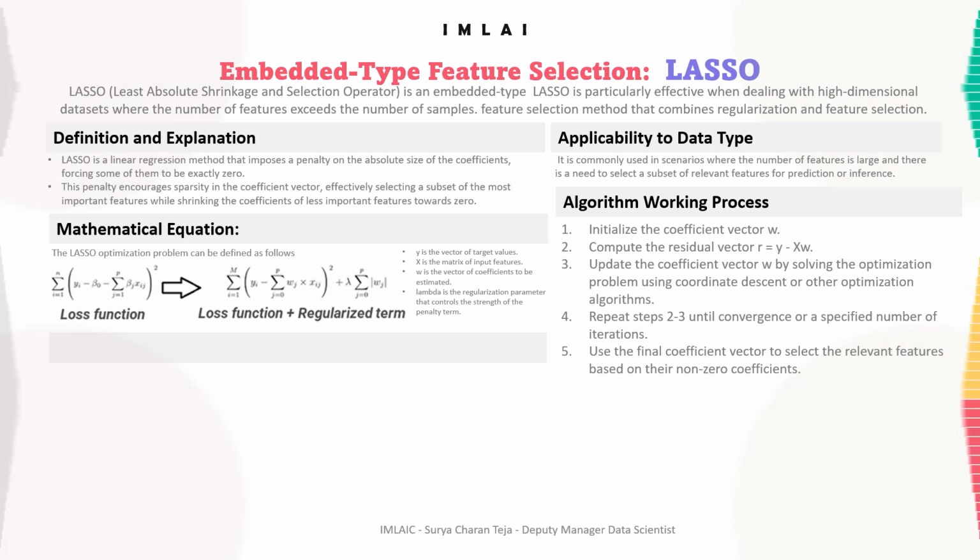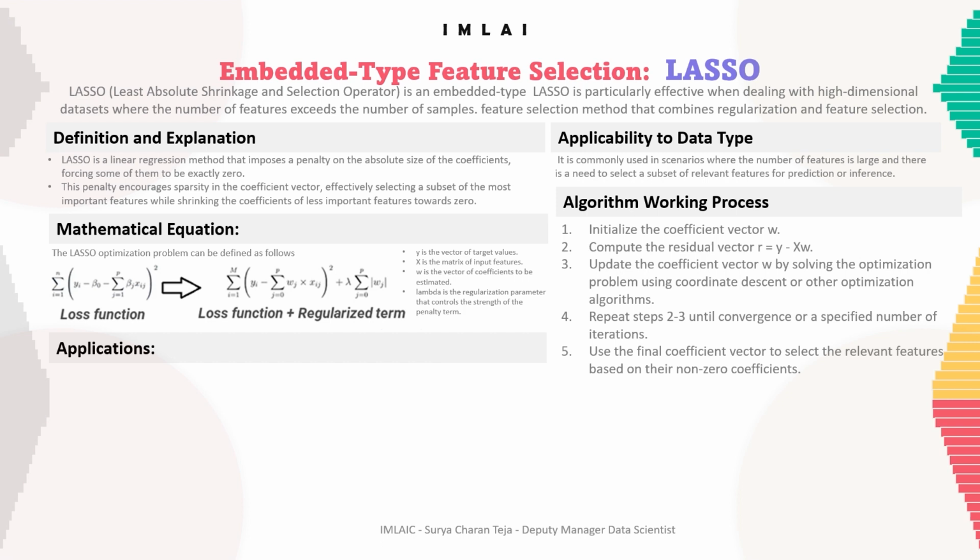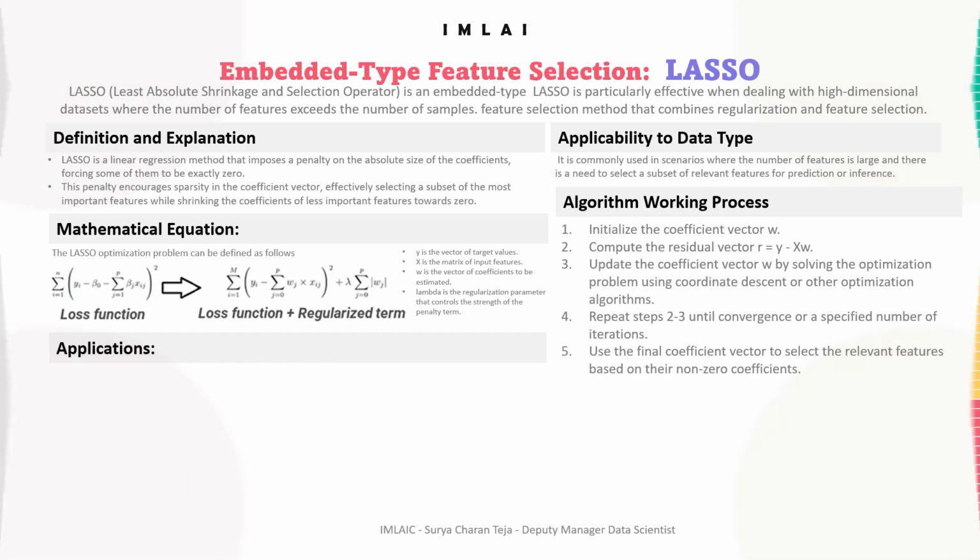Now let's look into the applications. Lasso has various applications in regression analysis, feature selection, and high dimensional data analysis, and here are some of the fields where it is heavily used. The first one is gene expression analysis, identifying a subset of genes that are relevant for predicting disease outcomes.